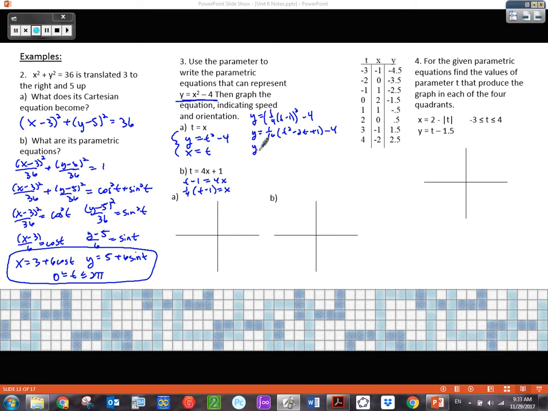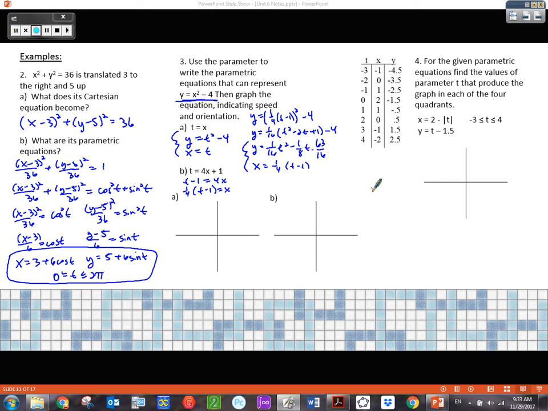After all is said and done, I have this fantastic looking equation, y equals 1/16 t squared minus 1/8 t minus 63/16. Wow, that's fantastic, okay? And that's my y component of this one. Now my x, that's my x component. My x was right down here, which is 1/4 (t minus 1). So this is the set of parametric equations for the second one.